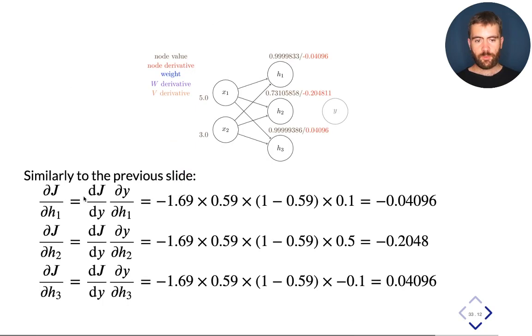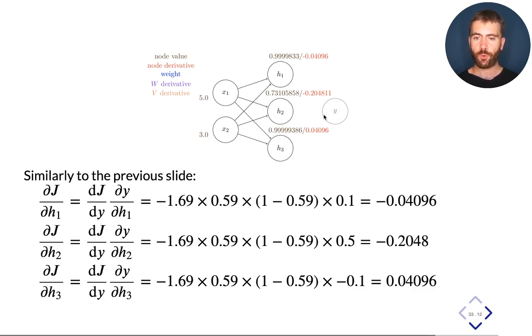Again, here I'm applying the formula. So the derivative of j with respect to h1, the output of hidden neuron 1, is the derivative of j with respect to y times the derivative of y with respect to h1, and applying this formula, I have the following derivative for these ones. And now what's important is that for the purposes of computing gradients, I will no longer need to use this node y.